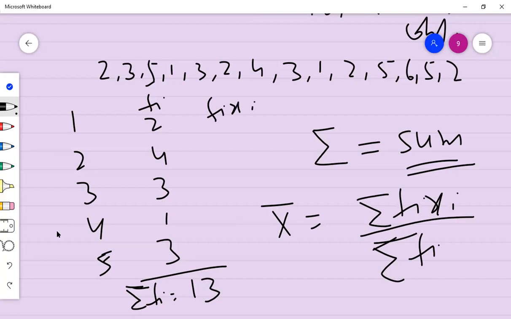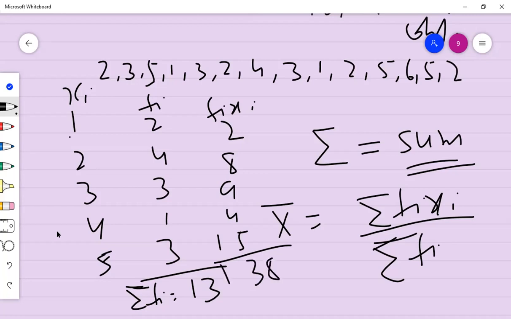So what we do: 1 into 2 is 2, 2 into 4 is 8, 3 into 3 is 9, 4 into 1 is 4, 5 into 3 is 15, and sigma fi xi is 8 plus 2, 10 plus 9, 19, 23, and 33 plus 5, 38.